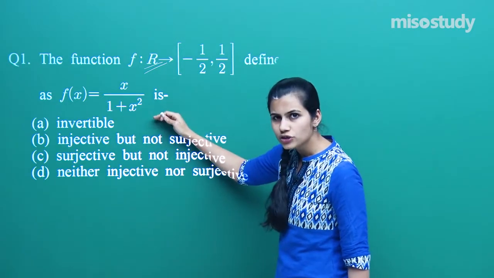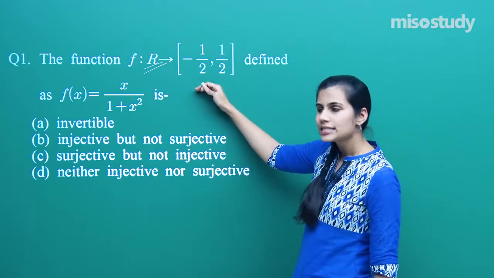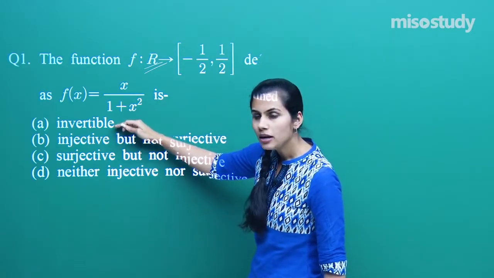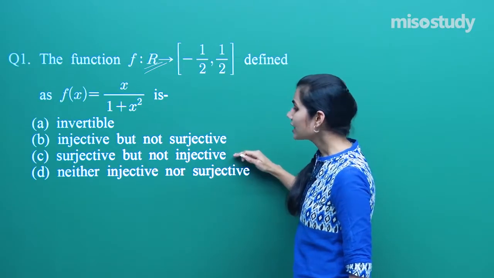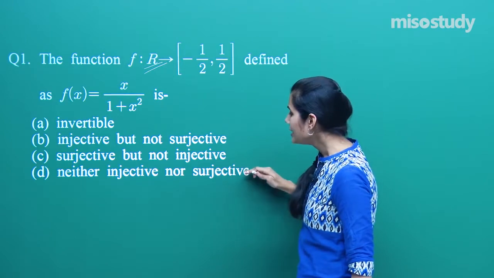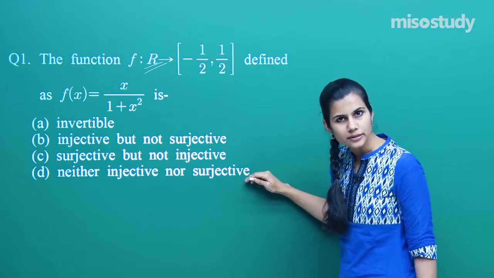Then is this function from this domain to this codomain invertible, or is it injective but not surjective? Surjective but not injective? Neither injective nor surjective is what the question is asking.